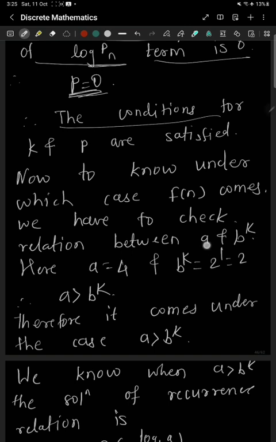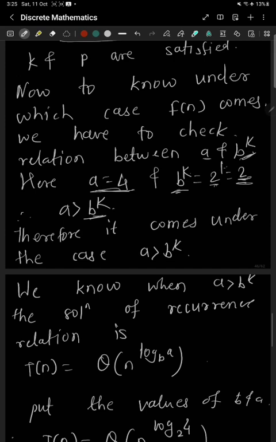Now the value of a is 4, and we check the value of b raised to k. b is 2 and k is equal to 1, hence 2 raised to 1 is equal to 2. Here a is equal to 4, b raised to k is 2, hence a is greater than b raised to k. Therefore it comes under the case a is greater than b raised to k, which we have seen as the first case.